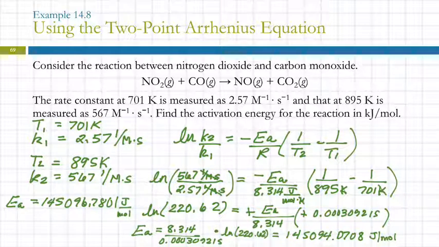It asks us to express it in kilojoules per mole. So to convert to kilojoules, we'll divide by 1,000. So that'll move the decimal point over here. And what would be a reasonable number of significant figures? Probably 3. So that would give us 145 kilojoules per mole. And if I round this one to 3 significant figures, what do I get? The same, 145 kilojoules per mole.